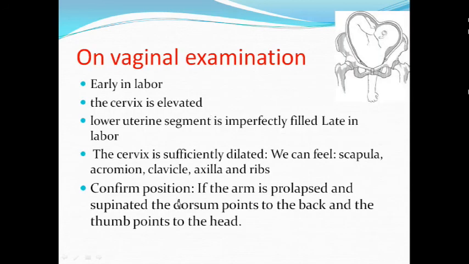If the arm is prolapsed and supinated, the dorsum points to the back and the thumb points to the head. As you see in this case, the thumb points towards the head and, in supination, the dorsum points towards the back.